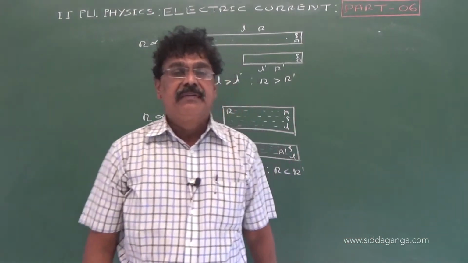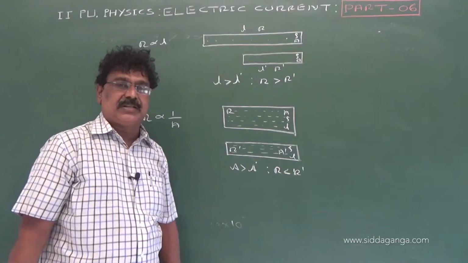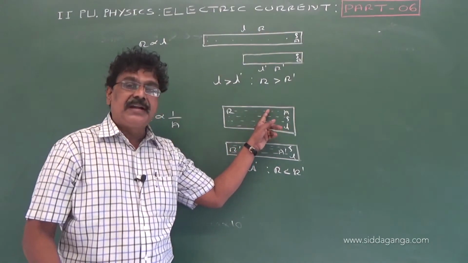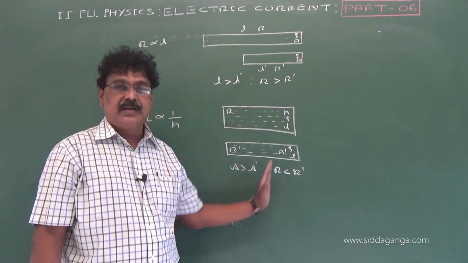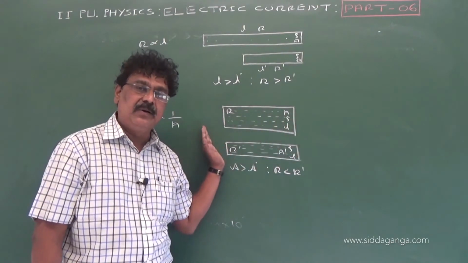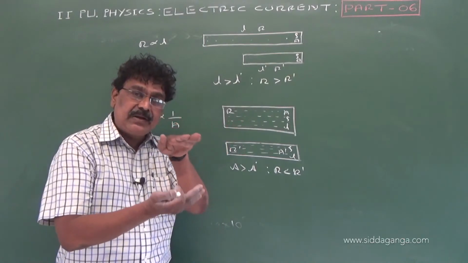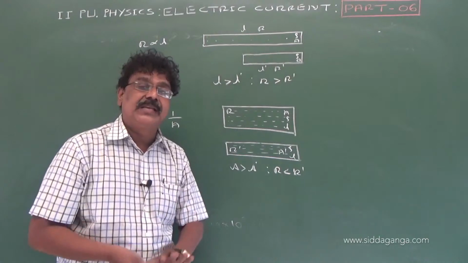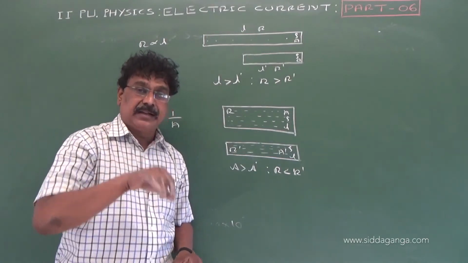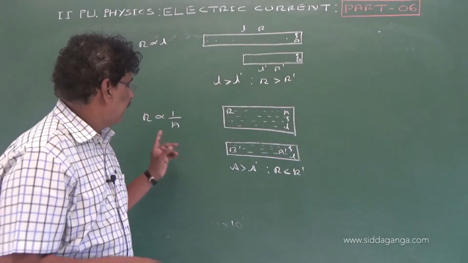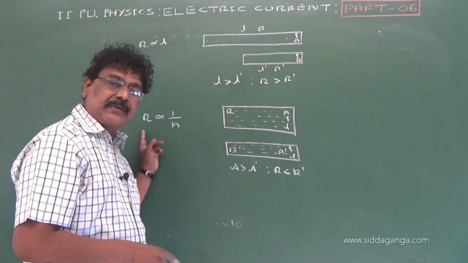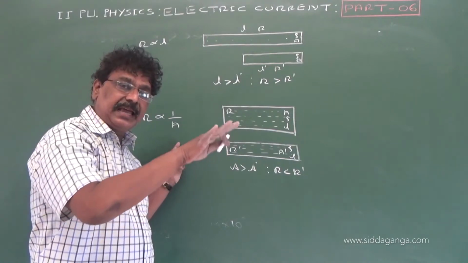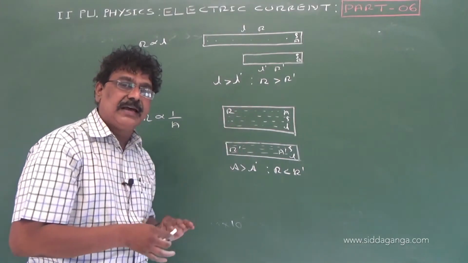Therefore, with increase in area of cross section, electrons find more paths to move from one end of the conductor to the other end. That reduces the number of collisions, thereby reducing the resistance of the conductor. Therefore, the resistance of a conductor decreases with increasing area of cross section of a conductor.